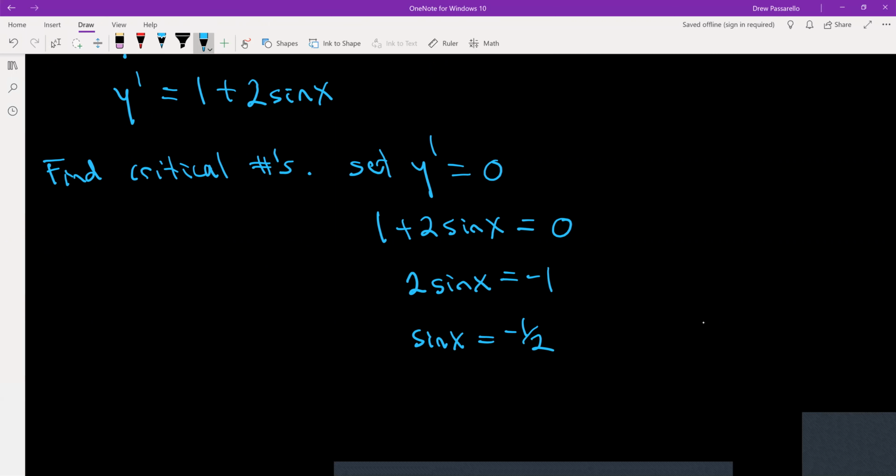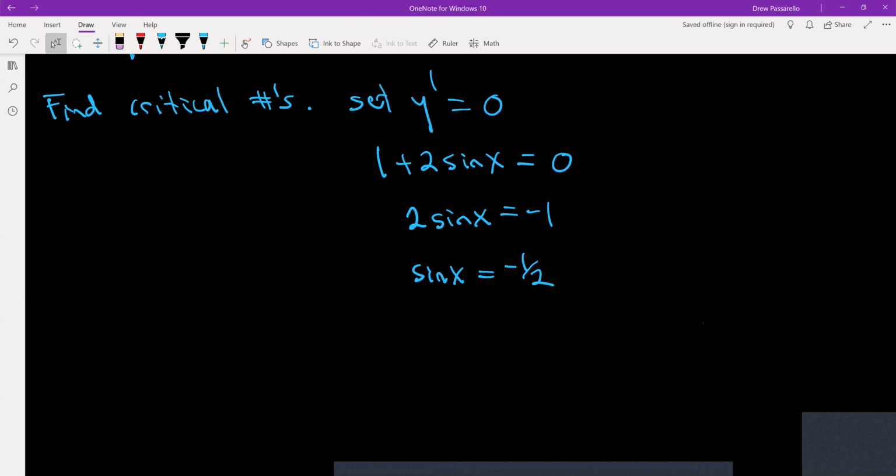All right, so then I ask myself, when is the sine function equal to negative 1/2? And I usually reference the unit circle. If you look at the unit circle, sine is negative 1/2 when x is 7 pi over 6 and 11 pi over 6.